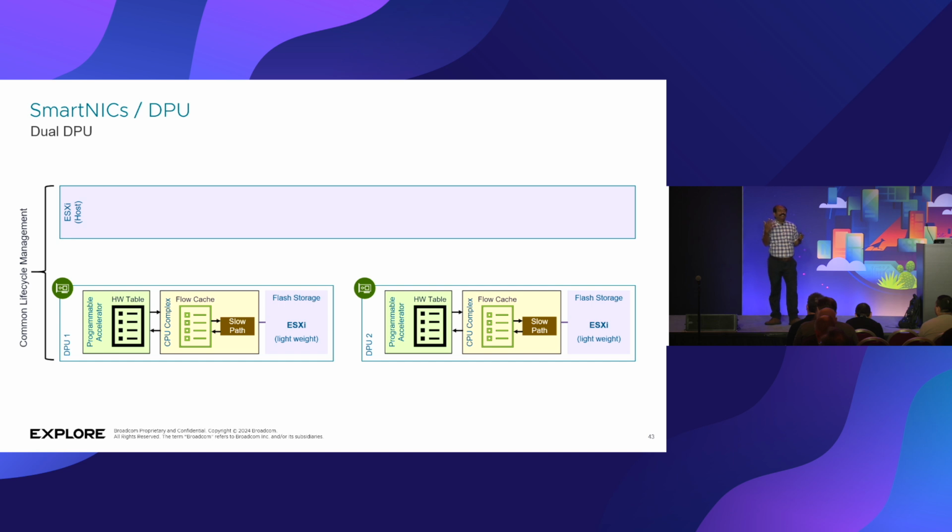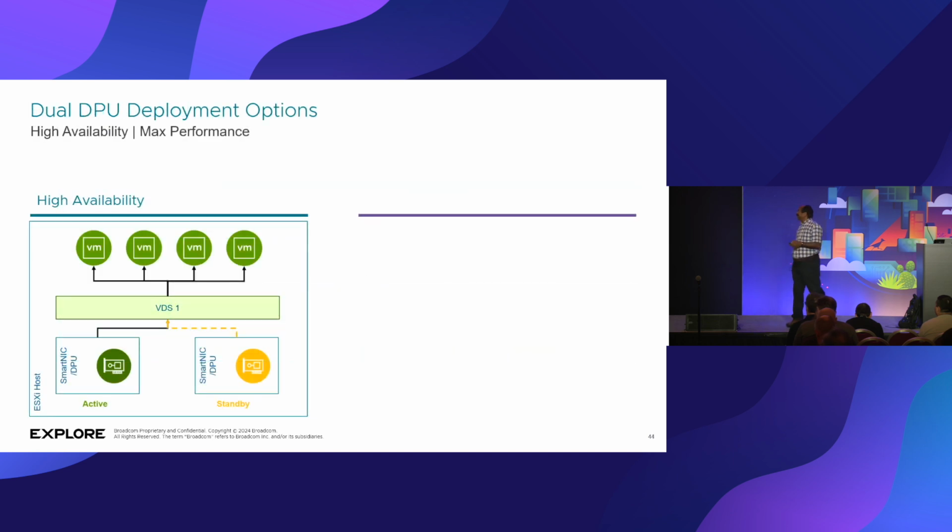You get to choose whether you want to go with a high availability mode, where you're leveraging only one DPU for your traffic, and the other one is a standby. One of the use cases is that you can upgrade the standby and move over to the standby based on need.